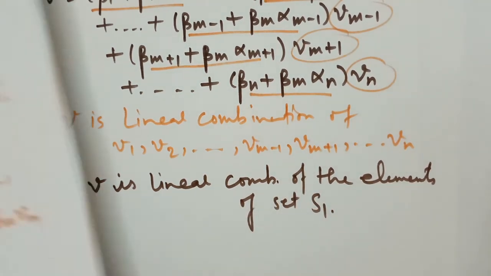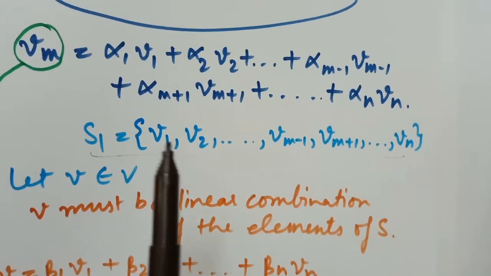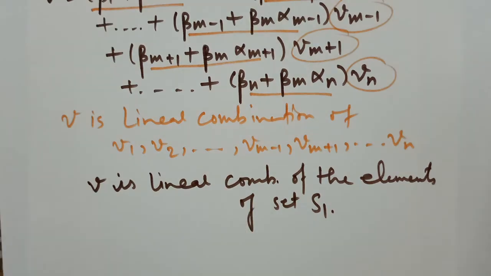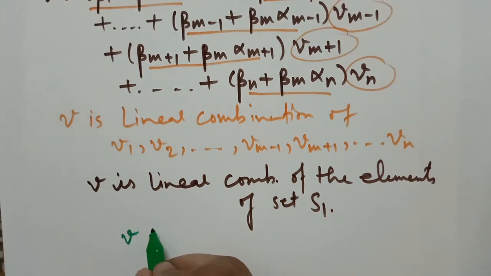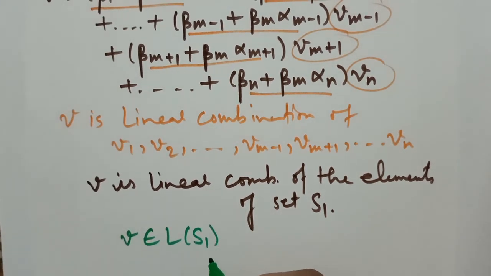Remember set S1? In which Vm was not present. It clearly means that V belongs to the linear span of S1.